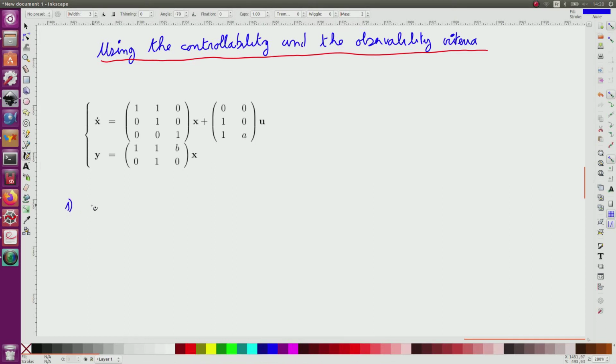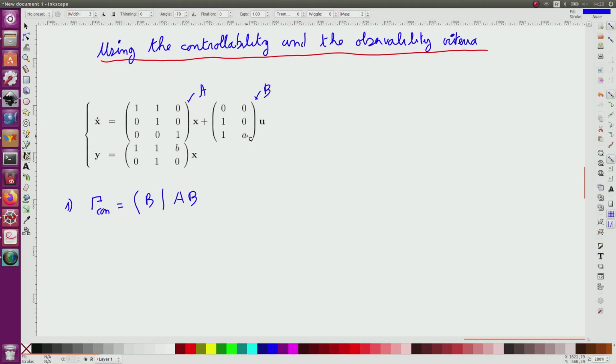To check the controllability, I have to check the controllability matrix, which is given by the matrix B, concatenated with the matrix AB, where A is this matrix and B this matrix.